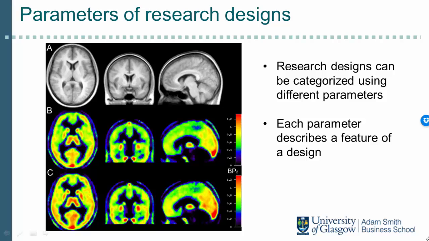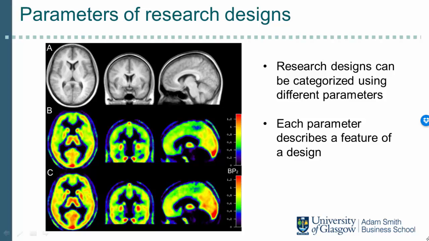You must have heard about qualitative or quantitative research designs, or inductive or deductive designs, or cross-sectional or longitudinal designs. There are multiple ways in which designs can be characterized, and the description captures certain features of design, just like the brain X-ray features certain parameters of a brain.